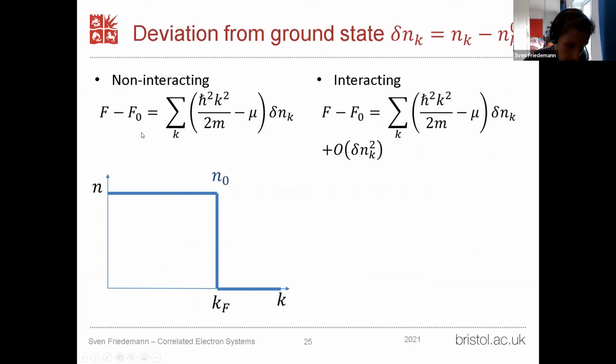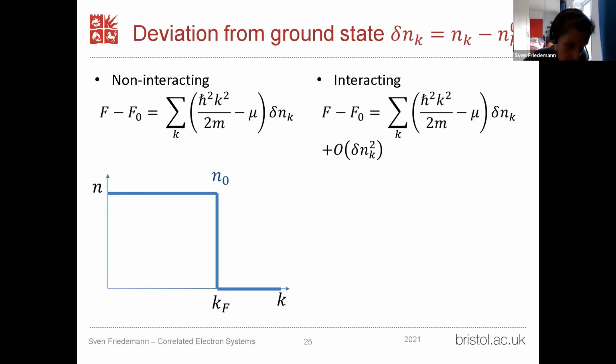When we do this in a non-interacting way, we essentially say that the energy cost of putting these electrons into a new state costs us ℏk squared minus the Fermi energy, or chemical potential, times however many electrons we have put into those new states or removed from those states.